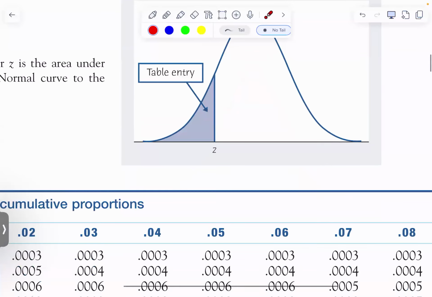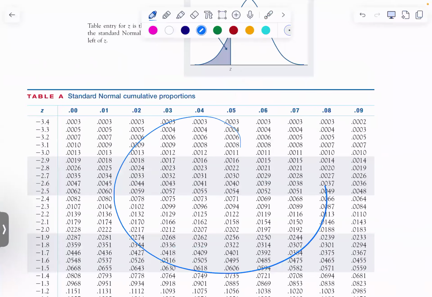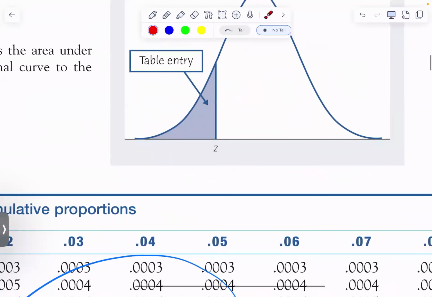The table entry are all these guys. In fact, the table entry gives us the area to the left of that z-score. We haven't worked to that part yet, but I think it's nice to have kind of a sneak preview, and then we'll fill in the gaps as we go.